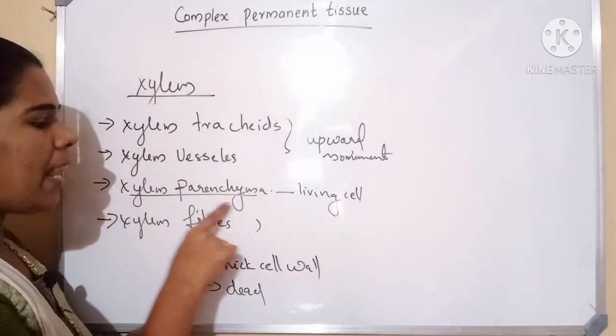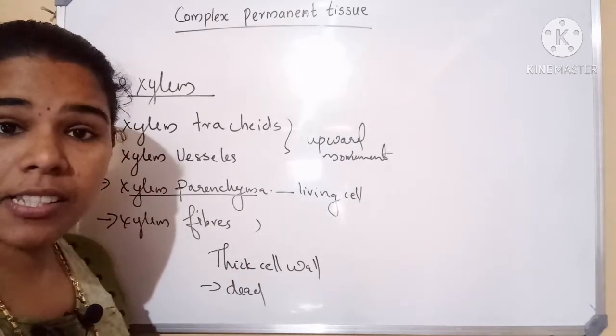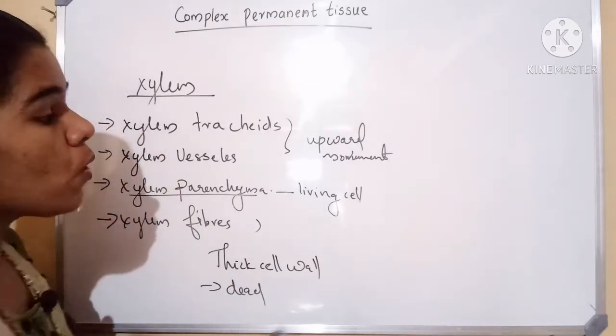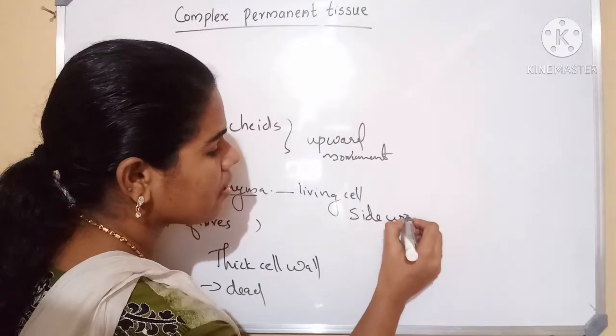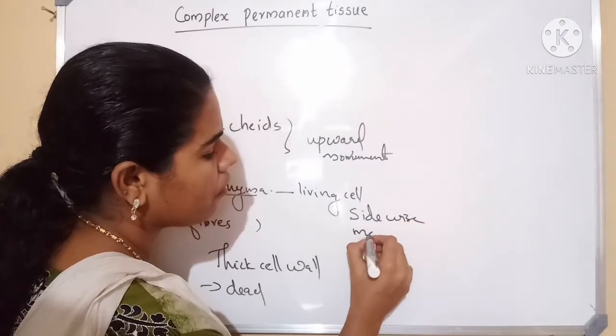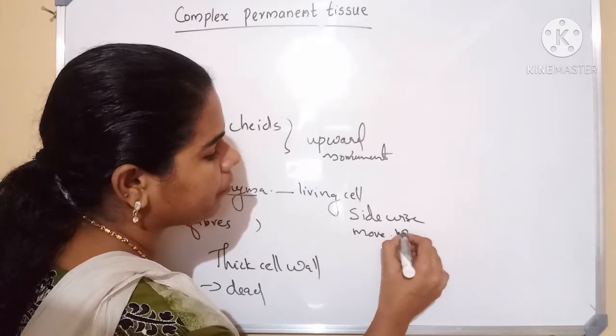And the xylem parenchyma is a living cell which helps the sidewise movement of water. In this case, the tracheids and vessels help upward movement, but the xylem parenchyma helps the sidewise movement of water.